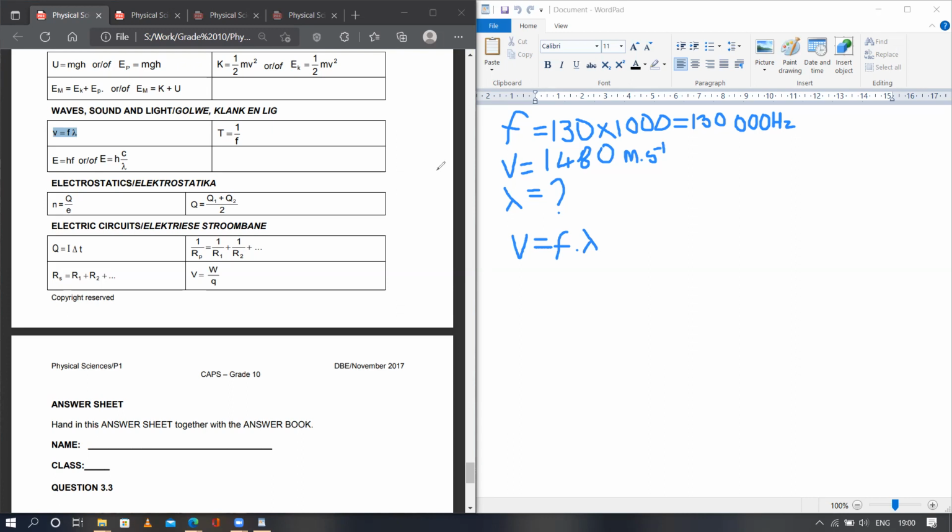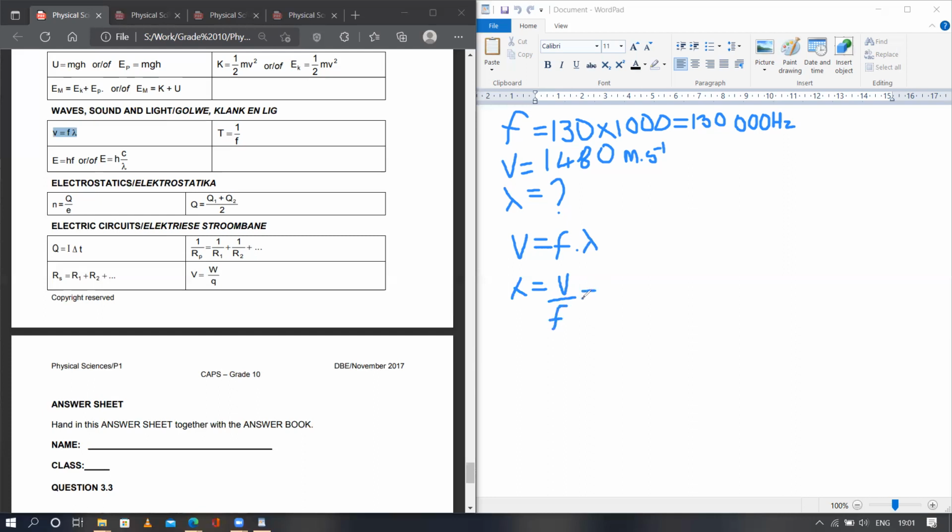But if you directly substitute, it's a bit easier. So your wavelength is going to be equal to your velocity divided by the frequency, dividing both sides by the frequency.